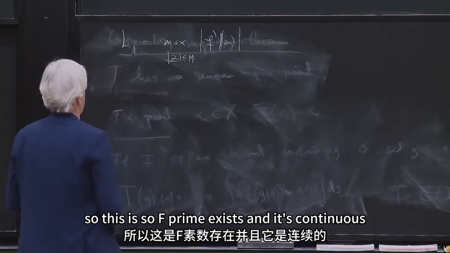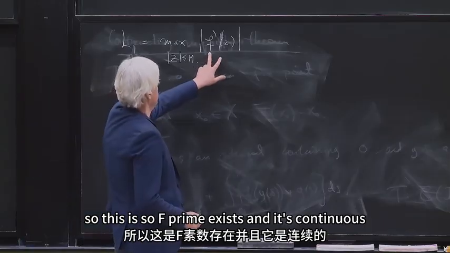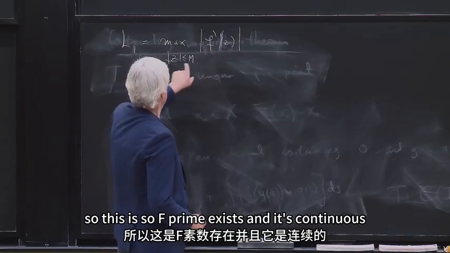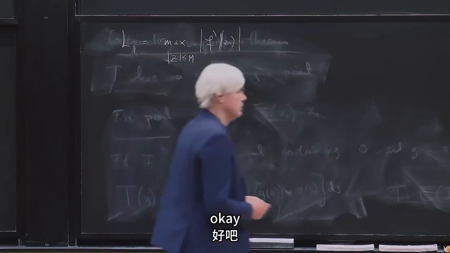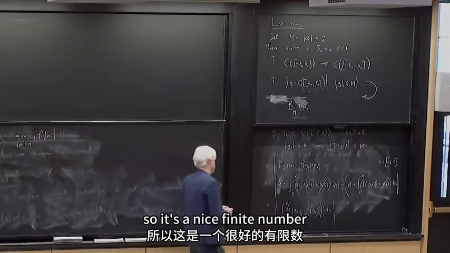So f prime exists and is continuous, so on this interval here it has a maximum. So it's a nice finite number.